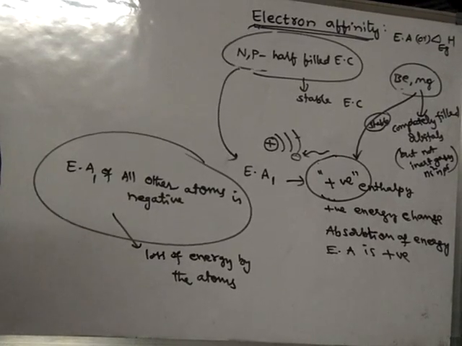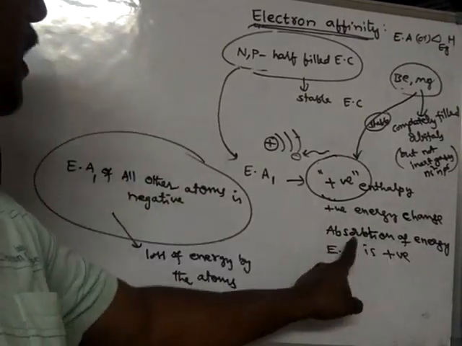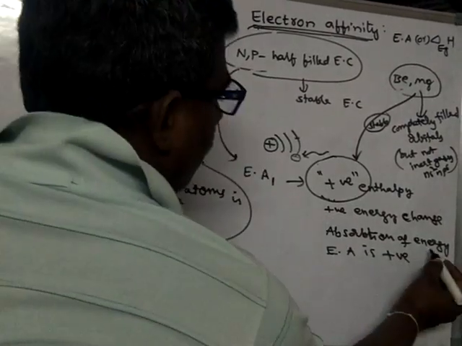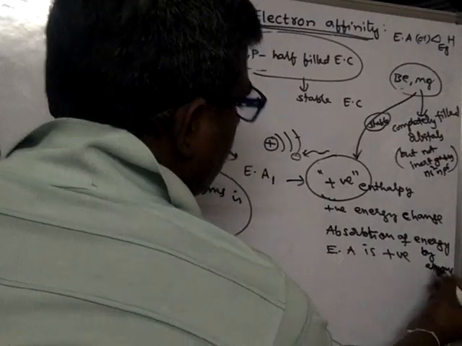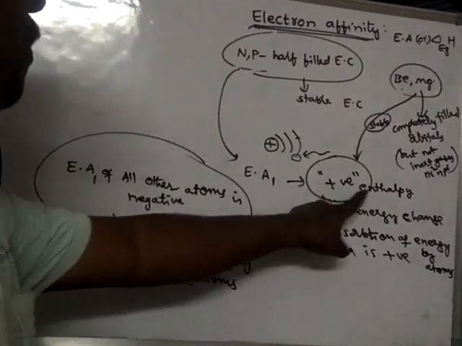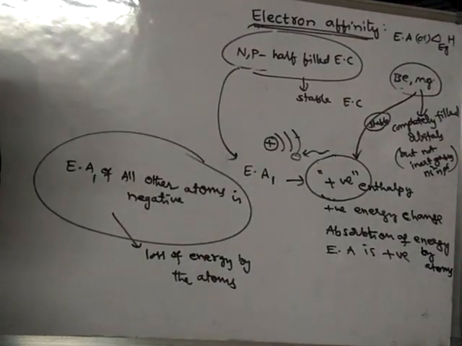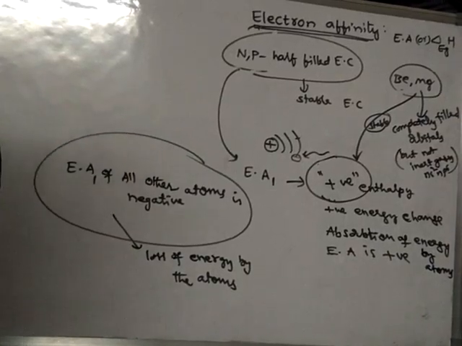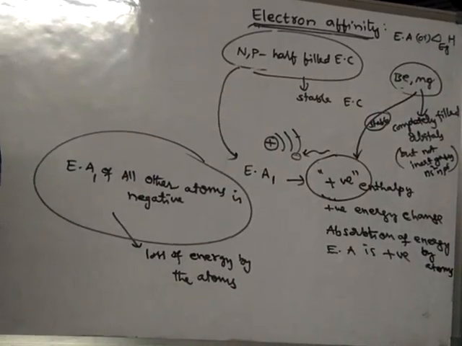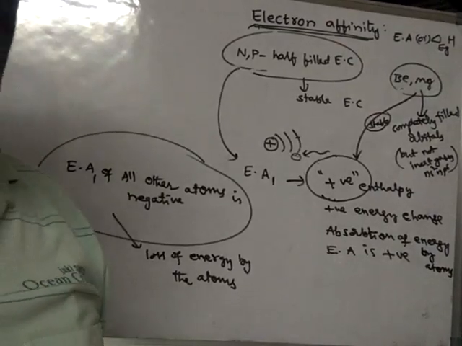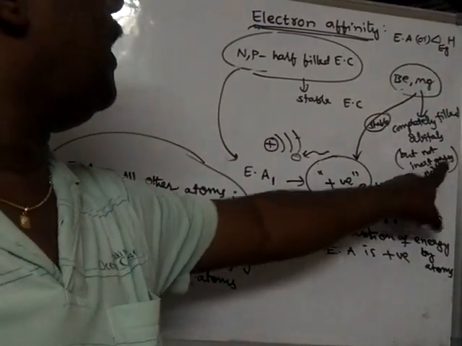Whenever there is absorption of energy by the atom, then the electron affinity is said to be positive. If there is no absorption or loss of energy, then the electron affinity is said to be zero, which is possessed by inert gases.